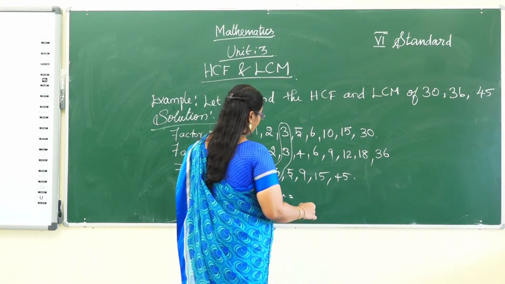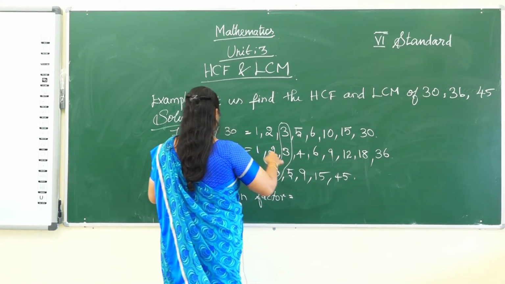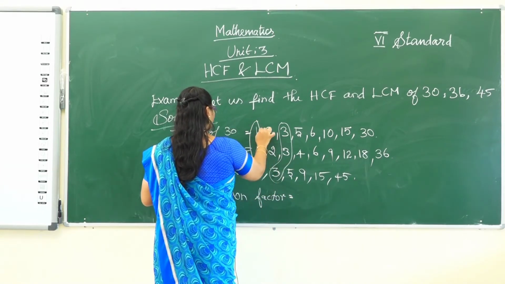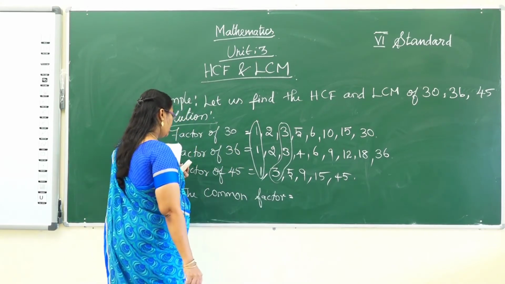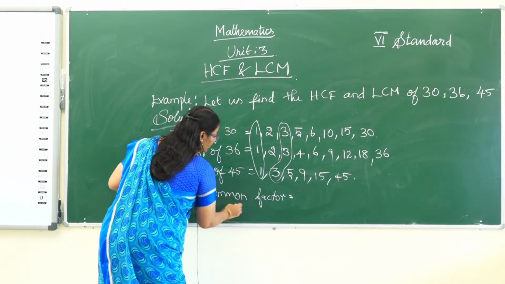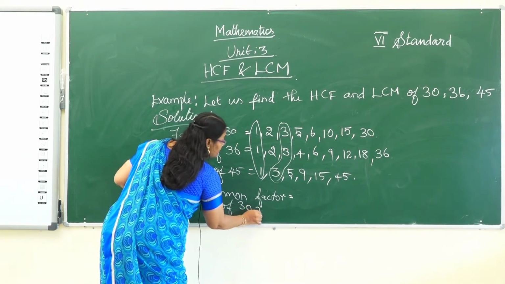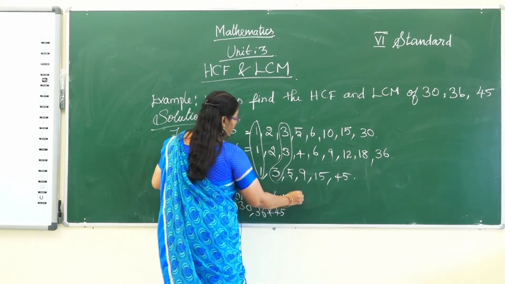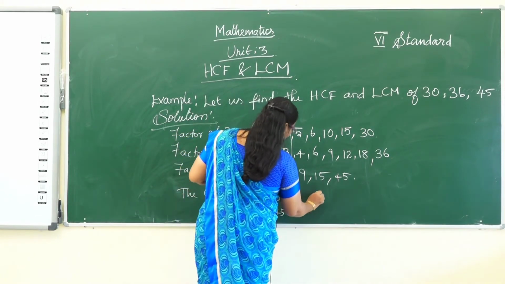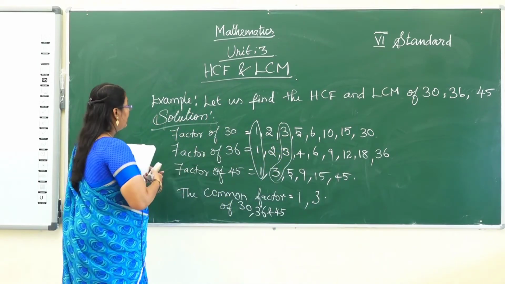Any other numbers? Yes, 1 is common for all the factors. So the common factors of the numbers 30, 36 and 45 are 1 and 3.